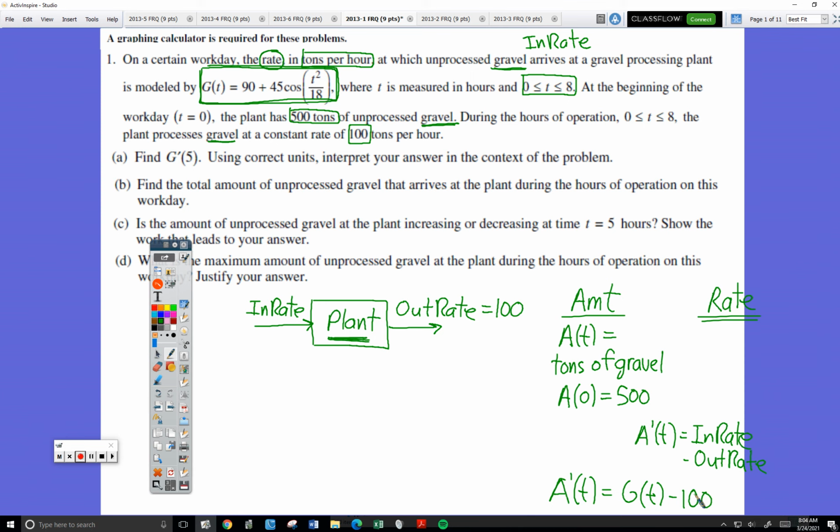Okay, that's a very common situation on the AP test. That's why I went ahead and just kind of wrote it out so I was clear what all this was talking about. Now it says find G prime of 5. I'm going to stop and do that. That just means find the derivative of G when time is 5. I'm allowed to use a calculator, so that goes pretty quick.